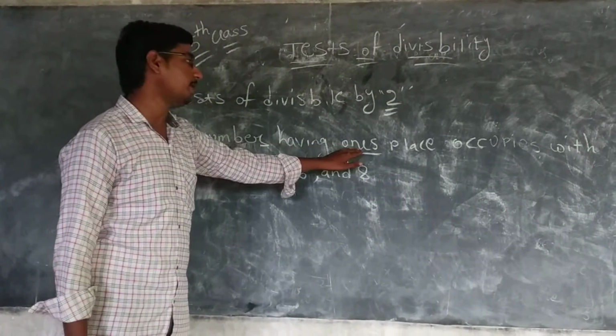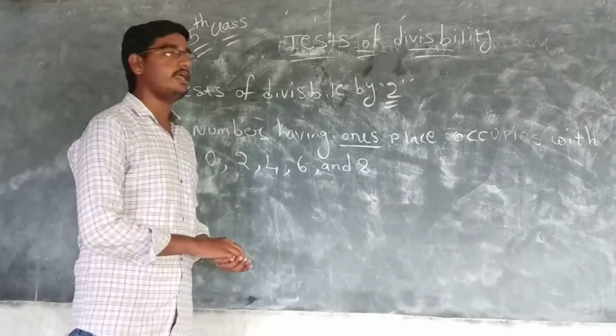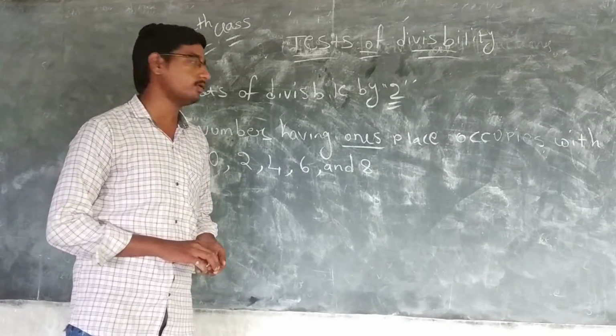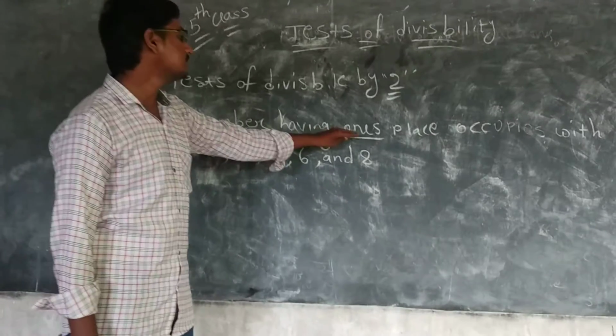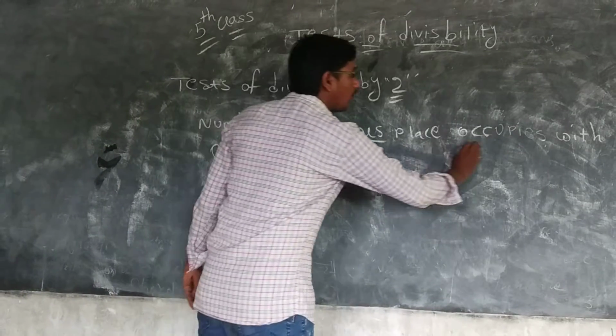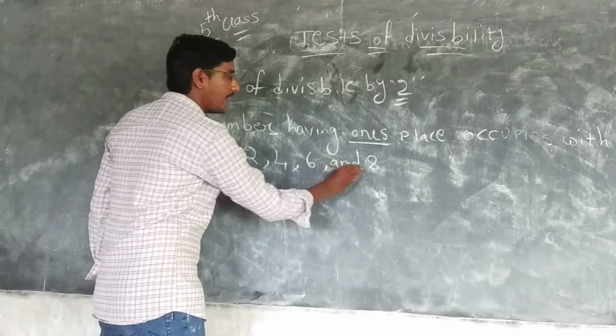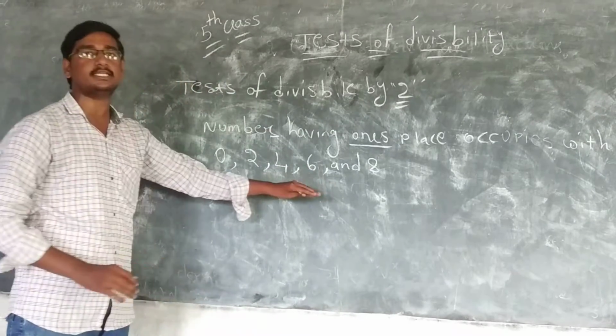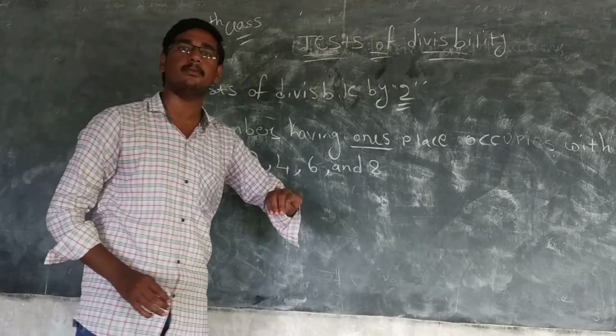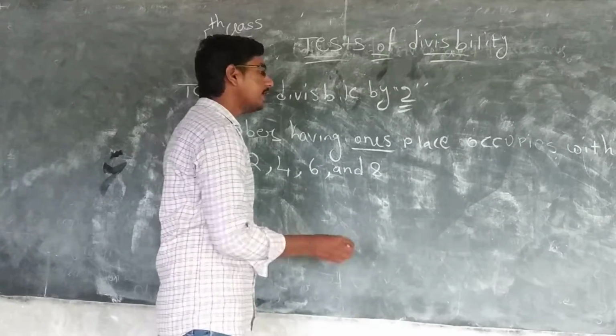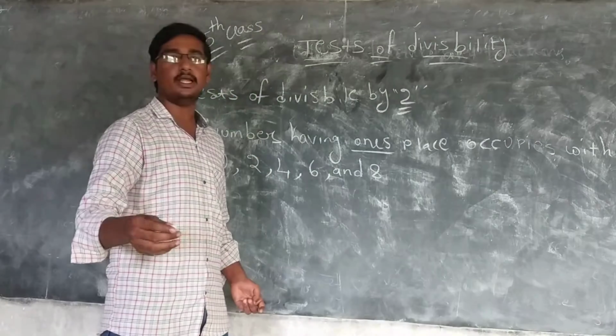In every number there are place values. You have to observe the ones place. If the ones place is occupied with 0, 2, 4, 6 or 8, the number will be completely divisible by 2 and leaves remainder 0.